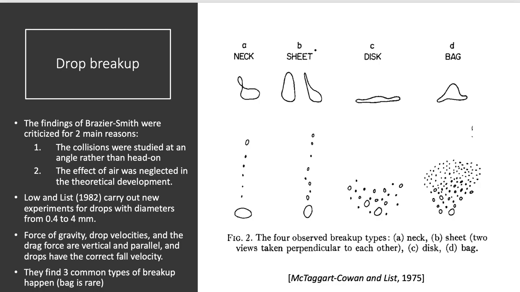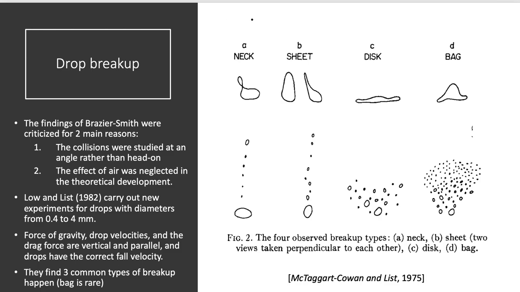It turned out that if you did the experiment in a more sophisticated form, for example, here I'm reporting Low and List, from a study in the 80s, different breakup patterns were found. And one form of breakup was called a neck breakup, where you have the droplet, and for some reason, maybe due to turbulence, maybe due to collision with another particle, maybe due to oscillations even, right?